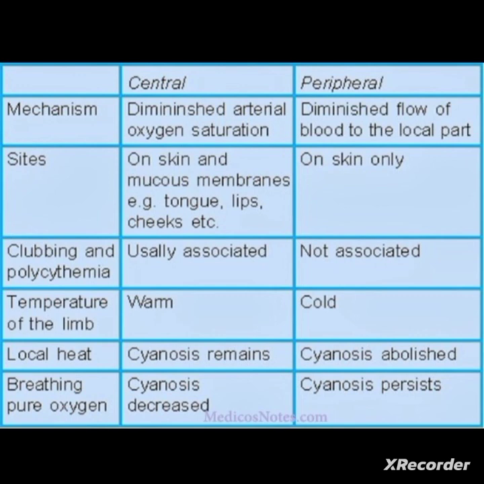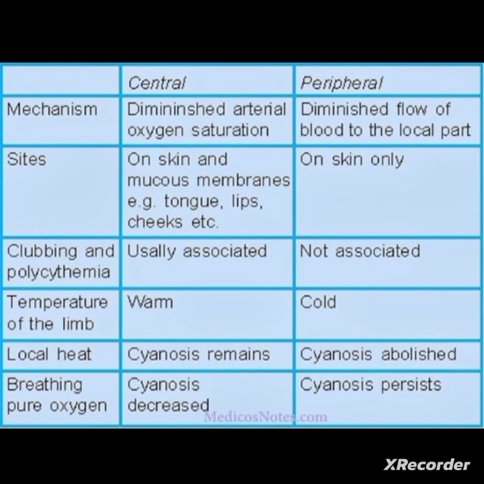But in peripheral cyanosis, the temperature of the extremities will be cold. Application of local heat has no role in central cyanosis, but in peripheral cyanosis the cyanosis will be abolished and the normal pink color will return.